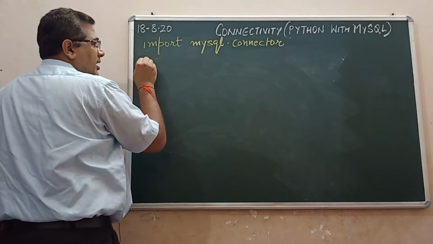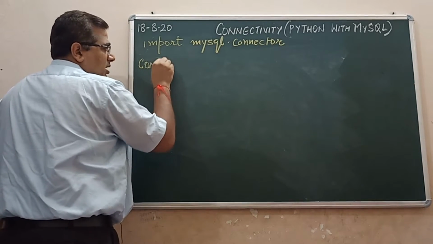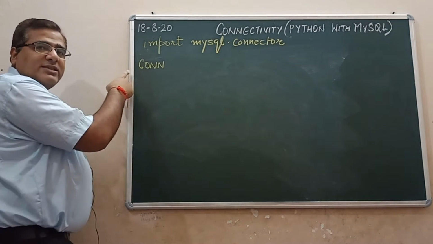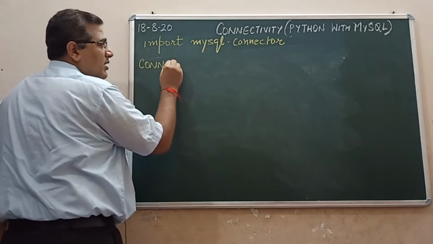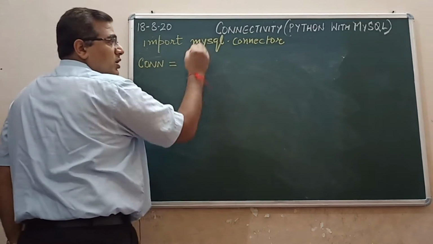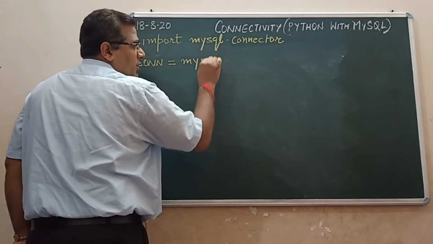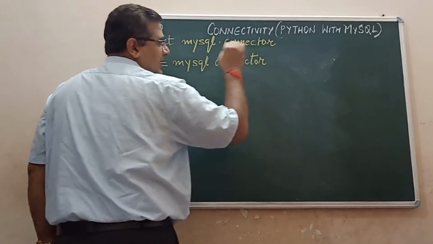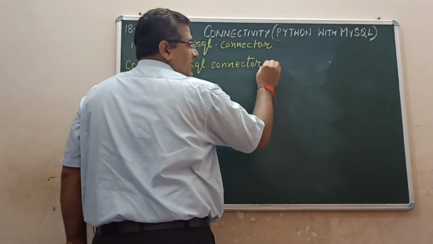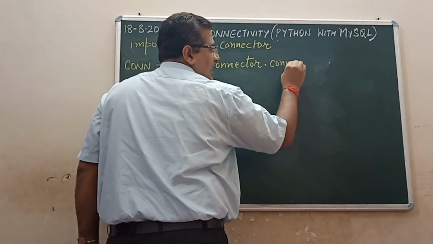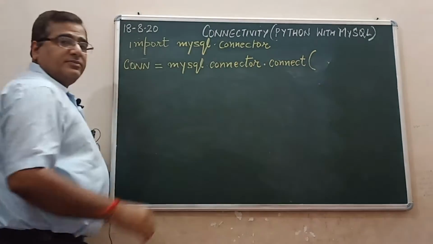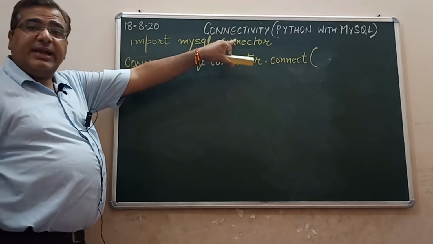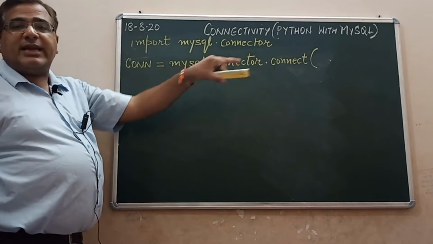So here I will write one identifier with the name con. I tell you the meaning of this identifier. Equal to your module mysql.connector and associate it with the inbuilt function connect. The connect function of MySQL connector will connect you with the MySQL database.